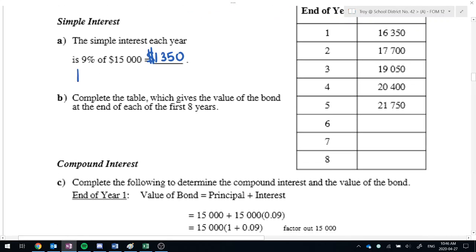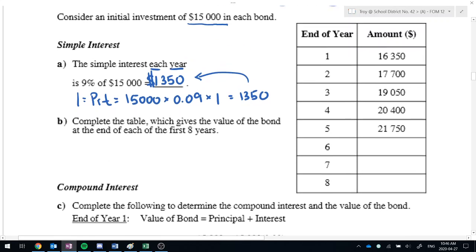Essentially, this was I equals PRT, right? So our principal value was 15,000. Our interest rate was 0.09. And for each year, our T value is going to be 1 because it's 1 year. So that gives us 1350.